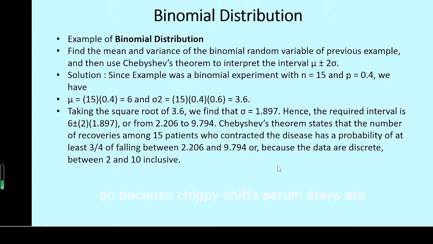Because Chebyshev's theorem states that between mu minus 2 sigma and mu plus 2 sigma, the probability for any distribution is greater than or equal to 1 minus 1 divided by 2 squared, which equals 1 minus 1/4, which equals 3/4. So this range's probability is at least 3/4, right?